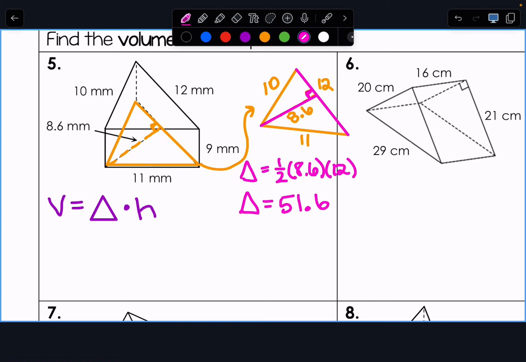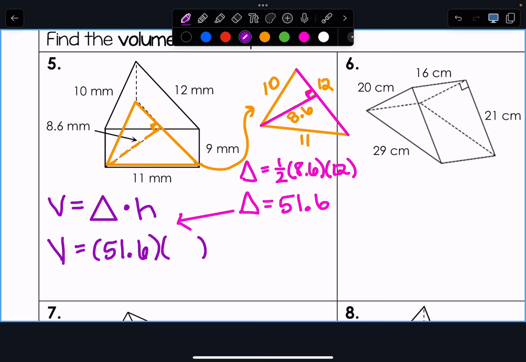Okay. So now, I'm going to take this over here and I'm going to say, okay, volume equals 51.6 times the height of our prism. When we talk about the height of the prism, when we connect triangle to triangle, I want to know what that distance is. What is it?